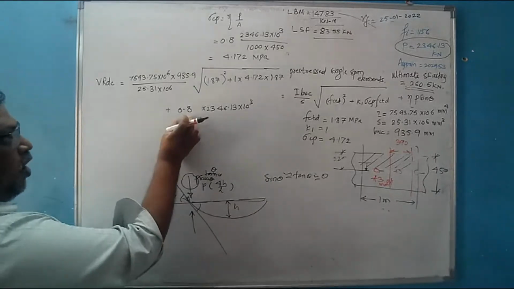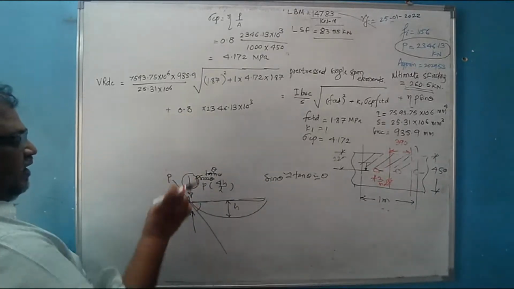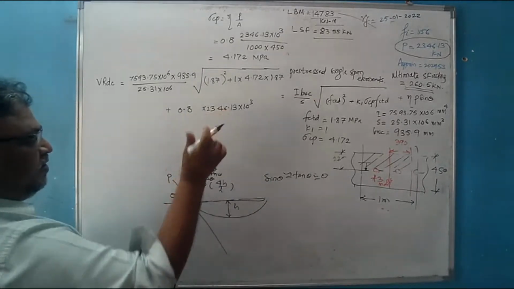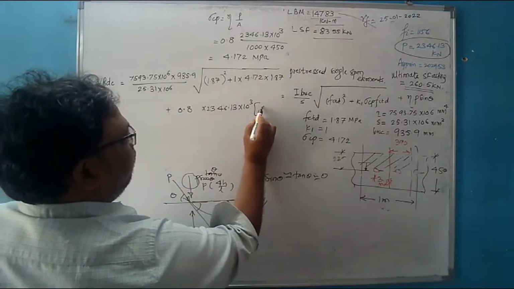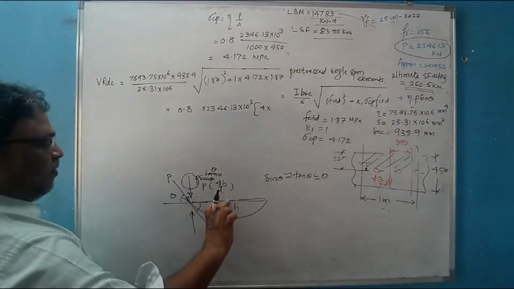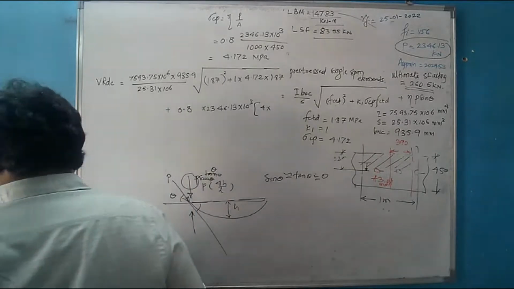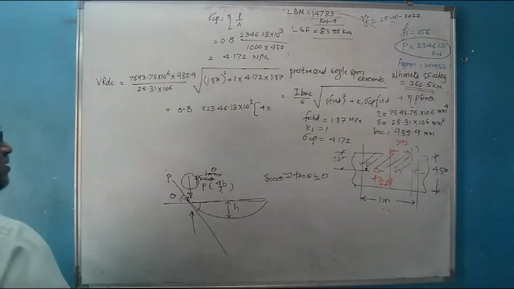So how much is this? 0.8, because that is the loss factor eta. P is this, into theta, which will be 4H divided by L. What is H? How much was the maximum eccentricity considered?